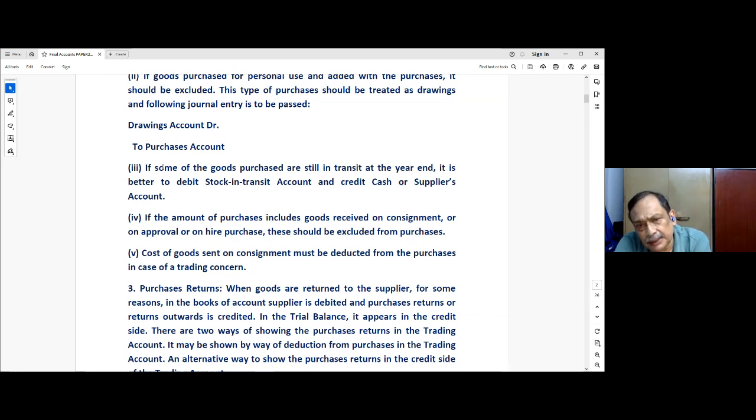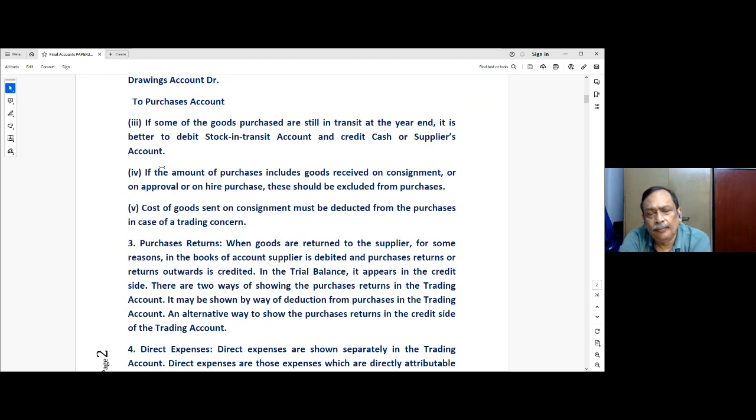That is called hire purchase. Now we are coming to the fifth item. Cost of goods sent on consignment must be deducted from the purchases in case of a trading concern.